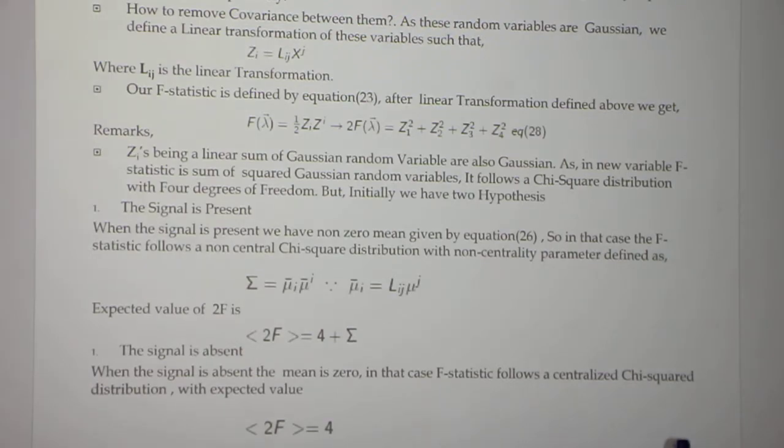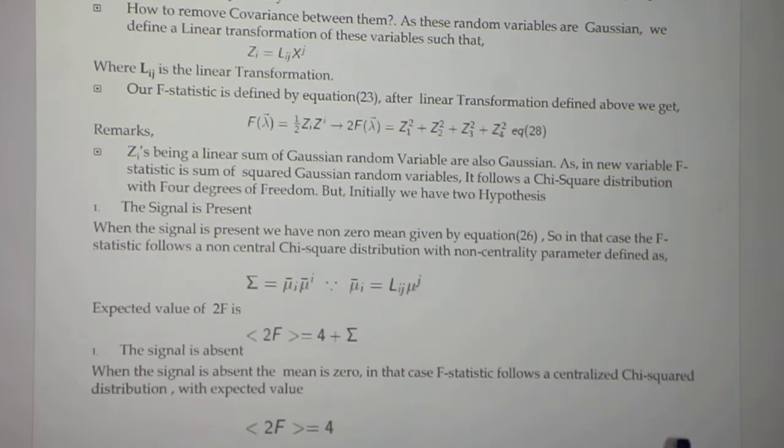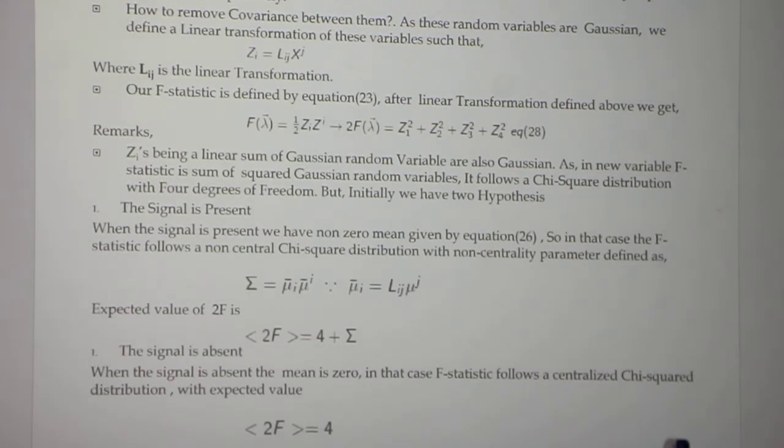When we have the squared sum of normal random variables, then we have a chi-square distribution. So if the zi's are normally distributed and we have a squared sum, then F follows a chi-squared distribution.